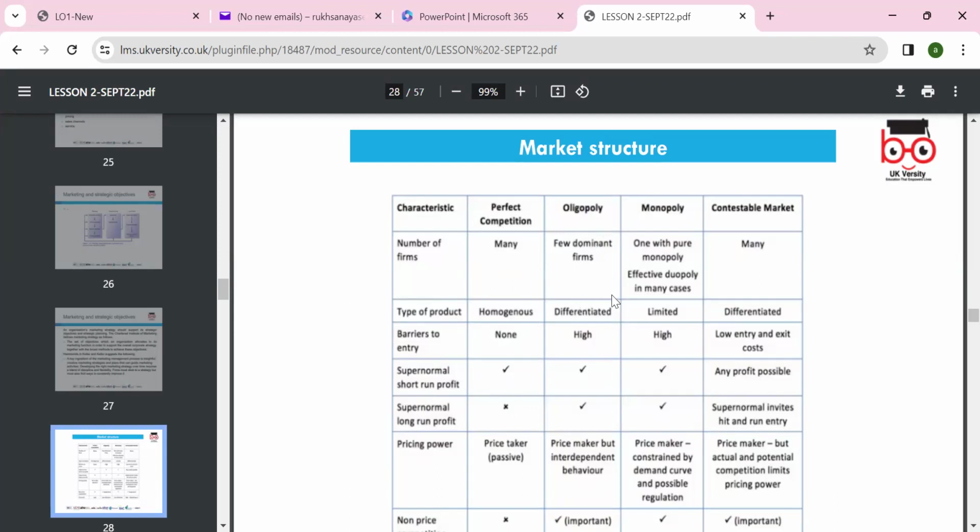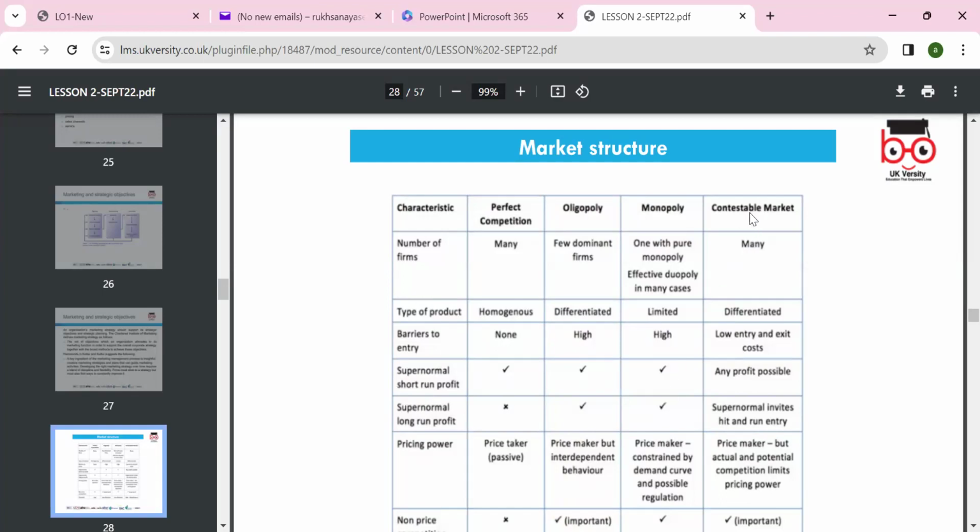Oligopoly has a few dominant firms, differentiated products, high barriers to entry, and they are price makers, but with interdependent behavior. Monopoly: one firm is dominant, with high barriers to entry, and it is price constrained by the demand curve and possible regulations.